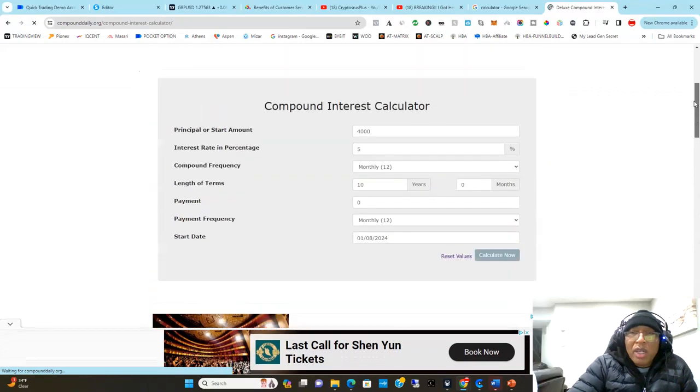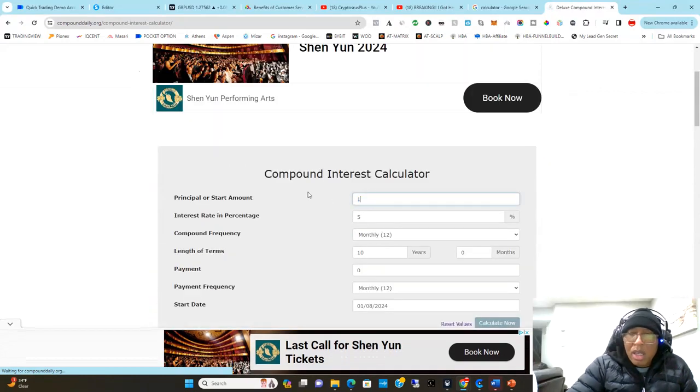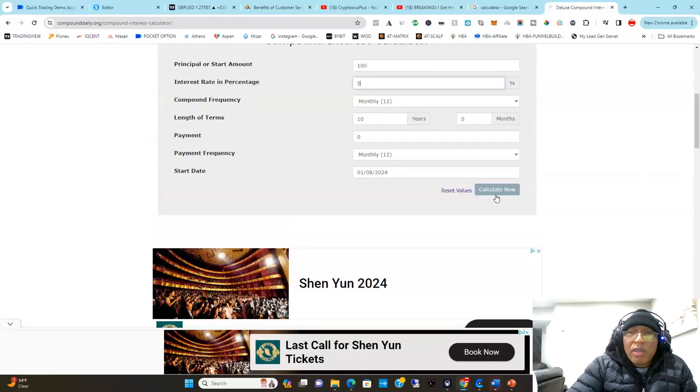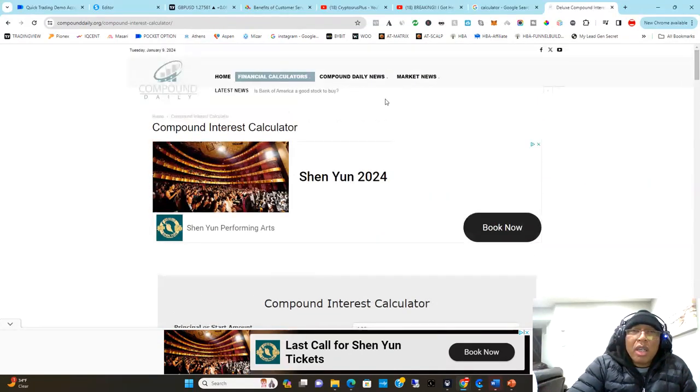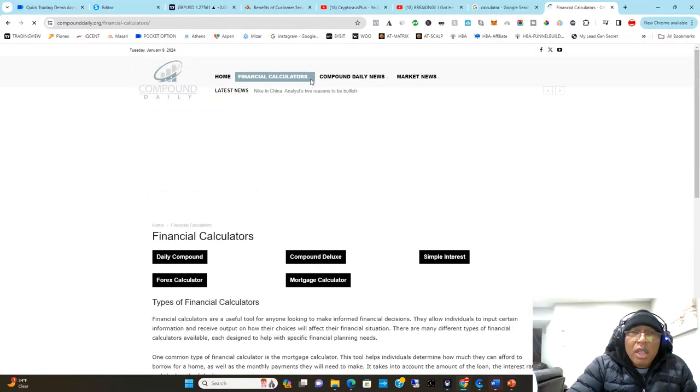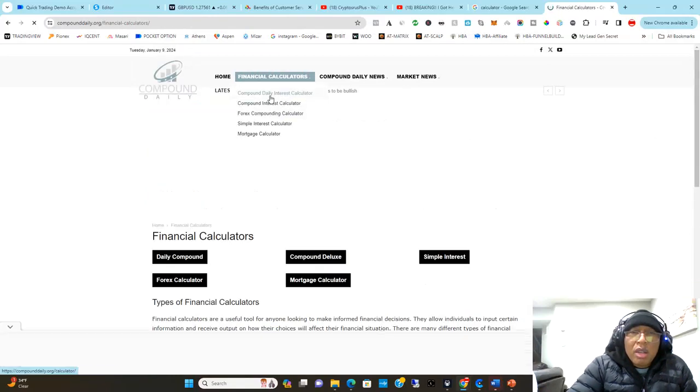Let's say we are starting with 1,000. Let's see if we can calculate this. I think I chose the wrong calculator. Let's see, it's the compound daily.